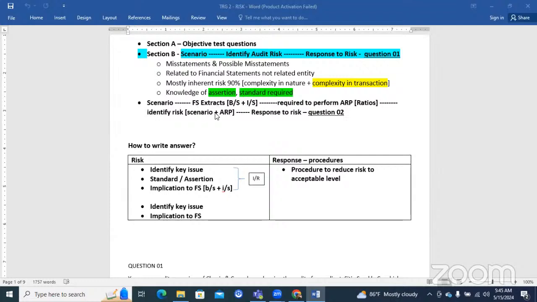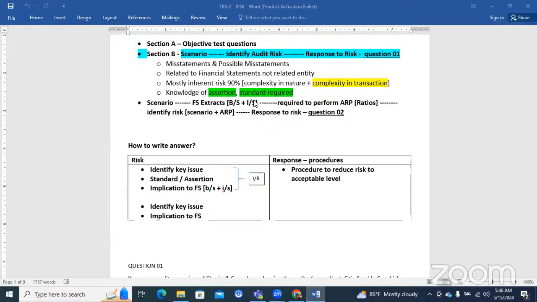For the financial statement extract, you should apply ARP, ISA 300 and ISA 520. Analytical review procedures you might have studied: trend analysis, ratio analysis, reasonableness test, right? Comparing the current figure with the previous figure, with the budgeted figure, with the industry figure. So definitely you should perform analytical review procedures.